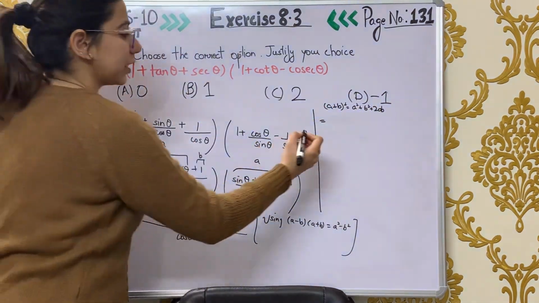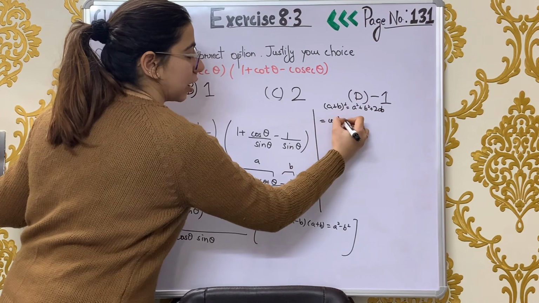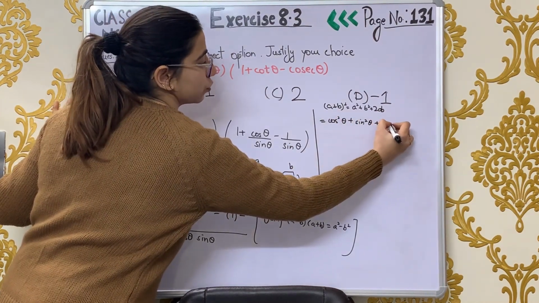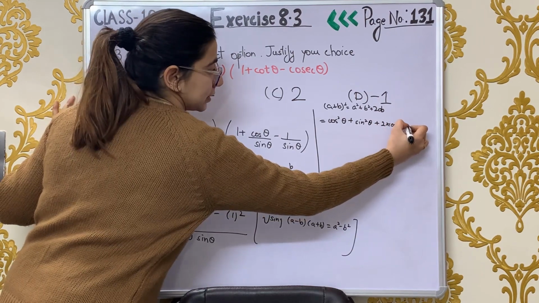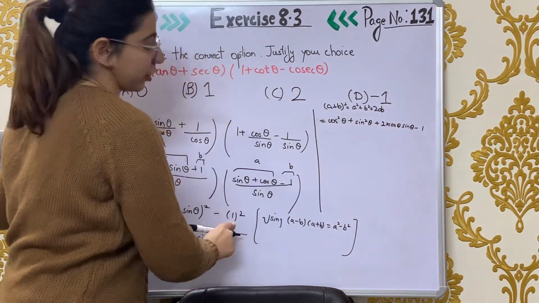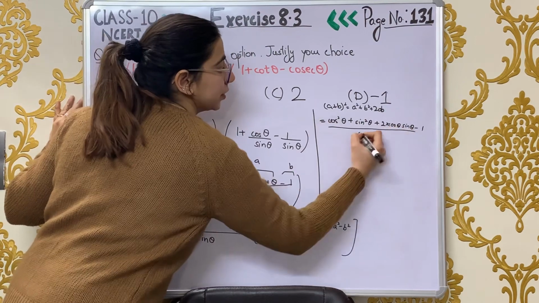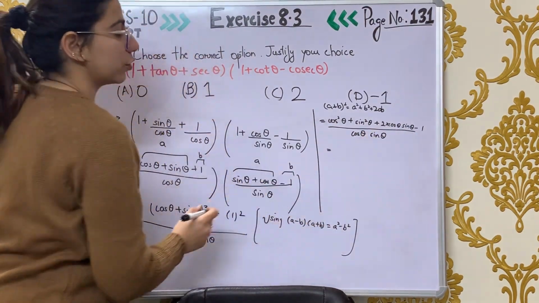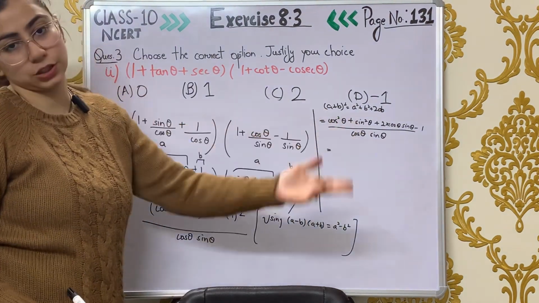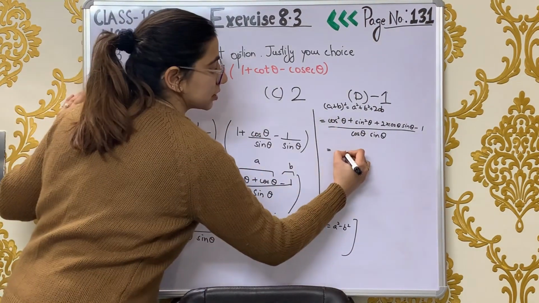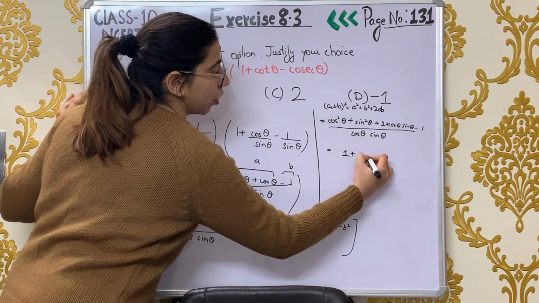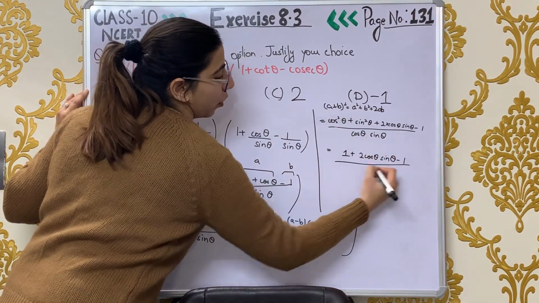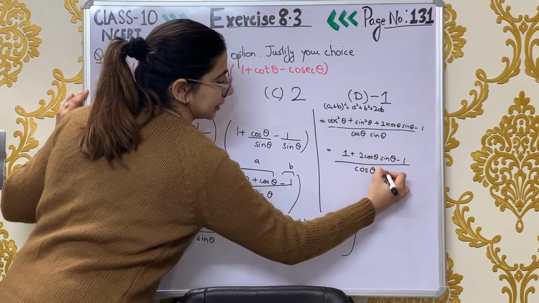Putting this identity we get cos square theta plus sin square theta plus 2 into cos theta sin theta minus 1 upon cos theta sin theta. We know the identity that cos square theta plus sin square theta is nothing but 1. So let's put the value: 1 plus 2 cos theta sin theta minus 1 upon cos theta sin theta.